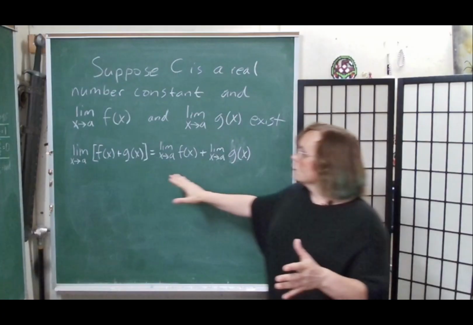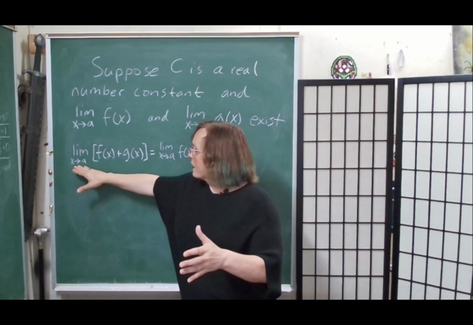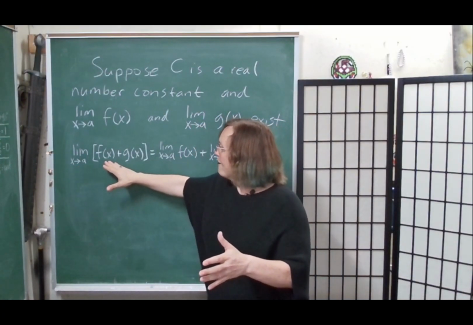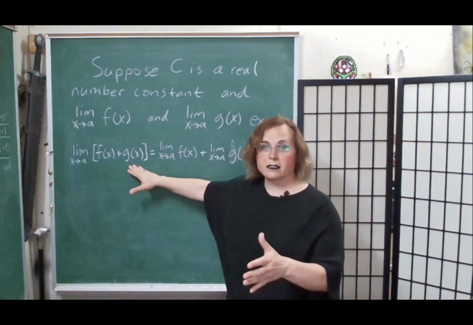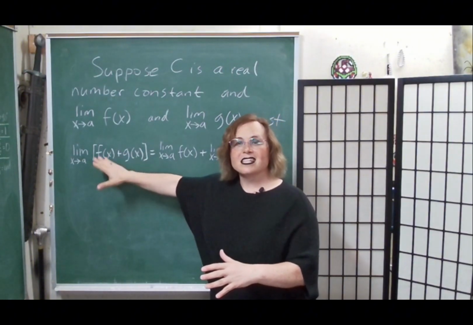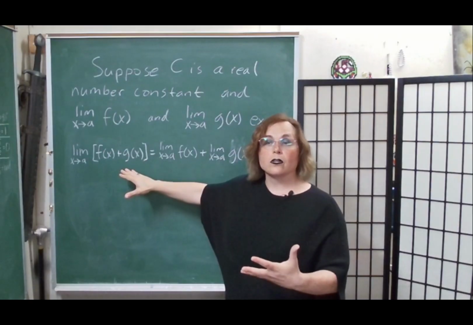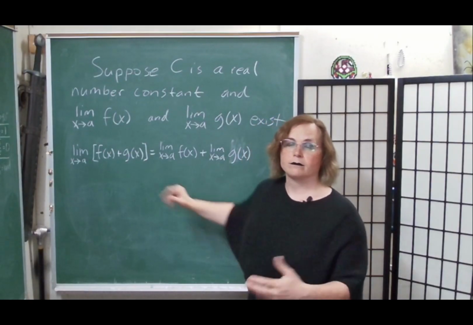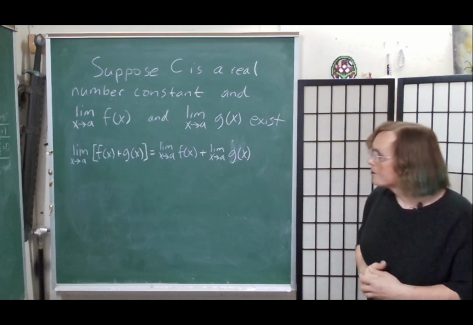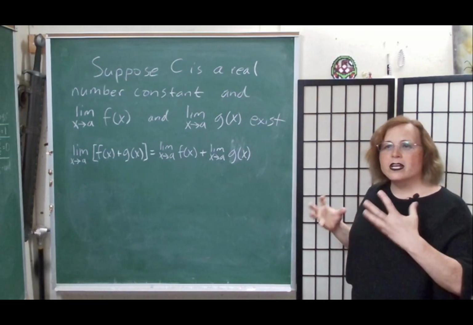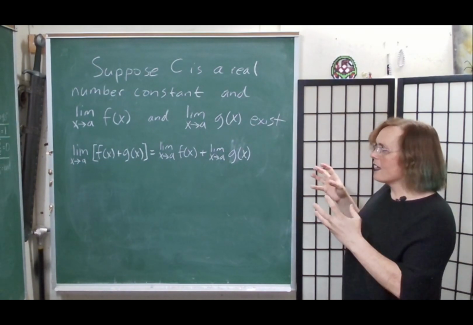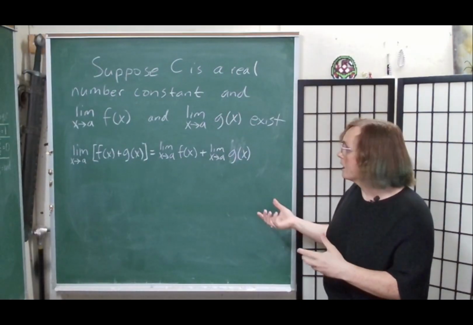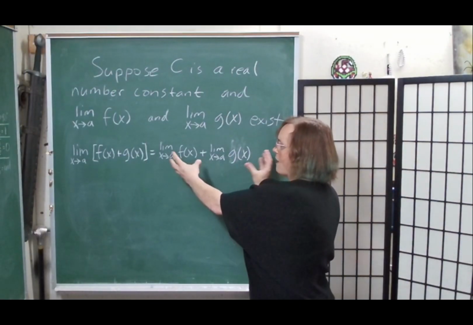Well, so does the limit as x approaches a of f of x plus g of x, because if this exists, it's also a real number value. Okay? So, you can reason through how that makes sense because these are approaching some value.